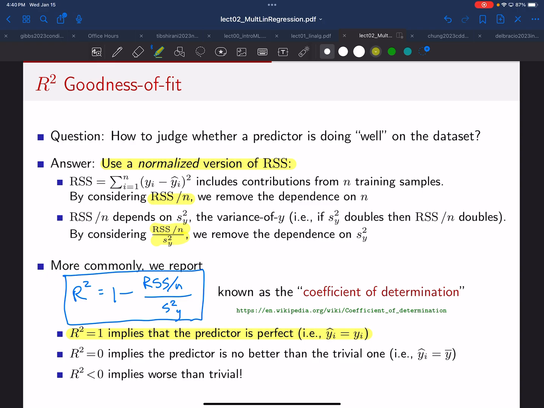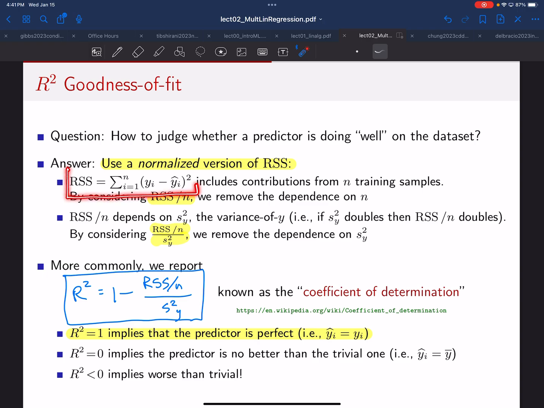Now, there's another important value, when R squared is 0. The interpretation of that is, imagine that I want to do a prediction, but I'm going to completely ignore all my X features. It's kind of silly. I'm supposed to be predicting Y from X, but instead I'm just going to throw away my X's and see how well I could do. So in that case, the smartest thing I could do to minimize RSS, if I'm not using any X's, would be what?